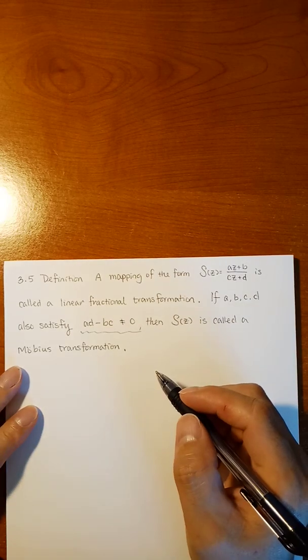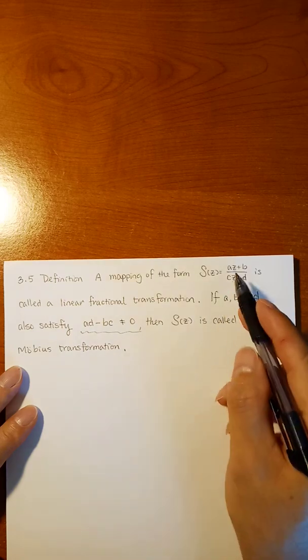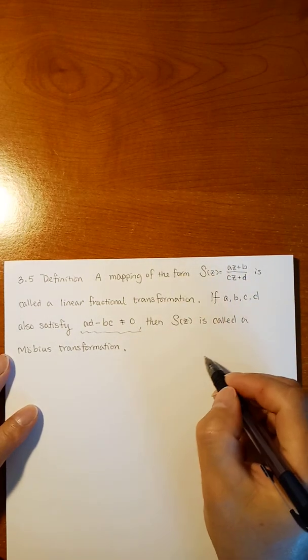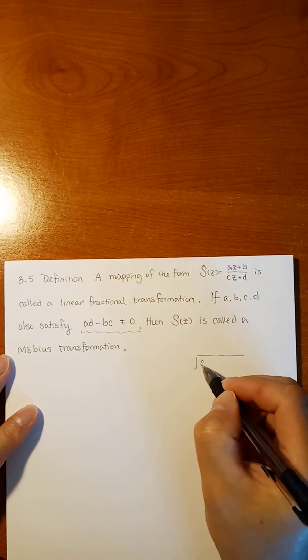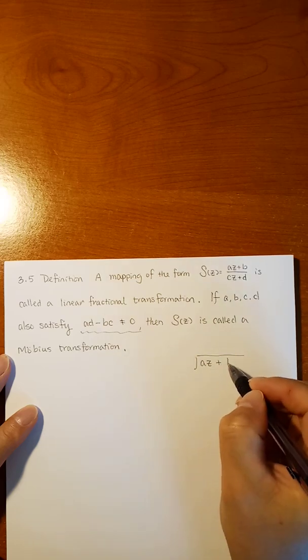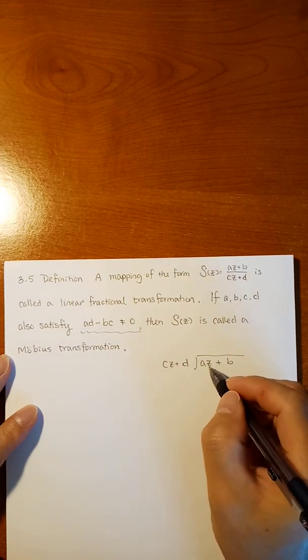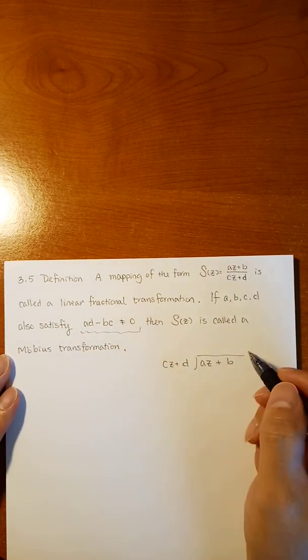Well, to understand this, let's try to do the long division. Oh, it's not very long, it's short. We divide az plus b by cz plus d.